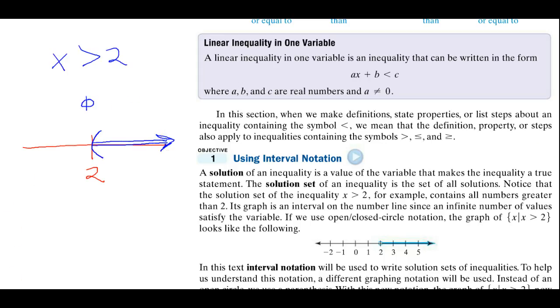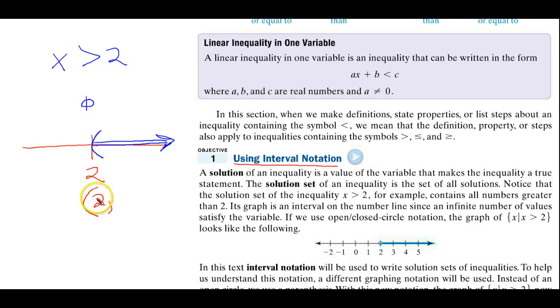Now, something else that goes along with this is what we call interval notation. We have set builder, we have exponential notation, we have roster notation, and now interval notation. If you have the graph correct, then you can take interval notation right from the graph. We're going to put a parenthesis, and we're going to put 2.